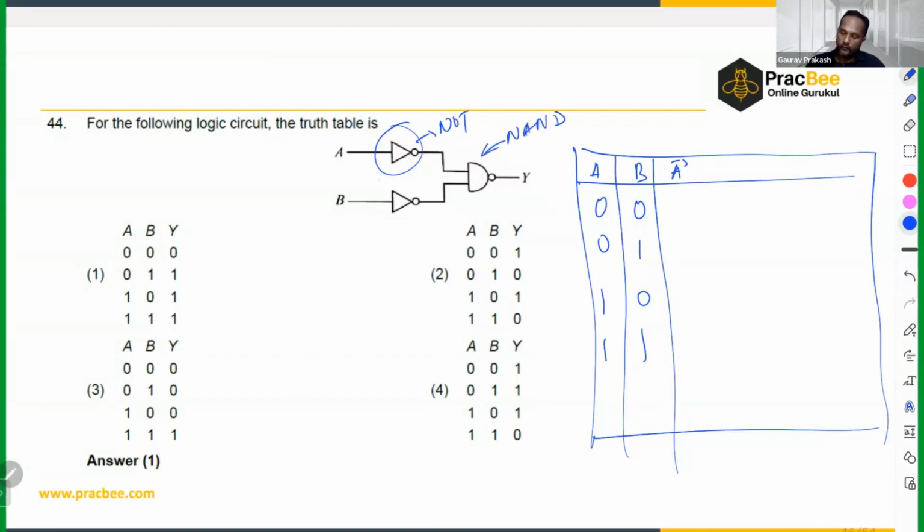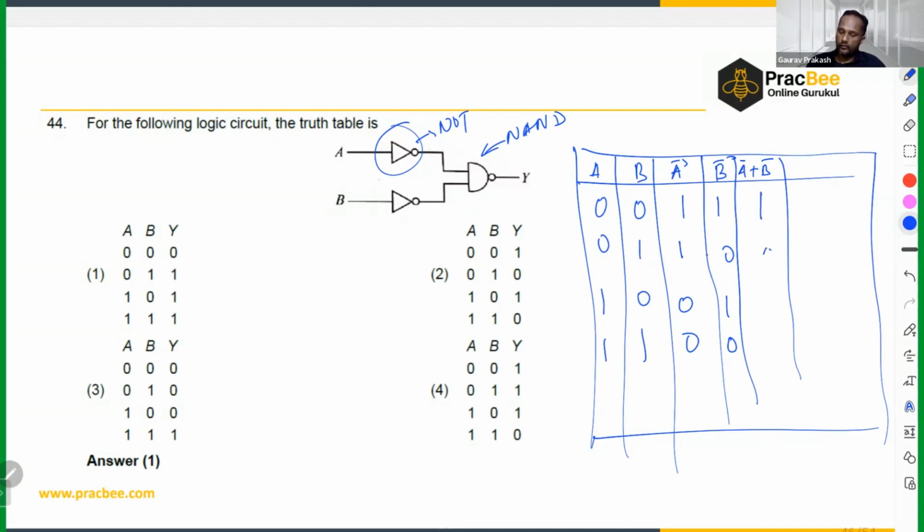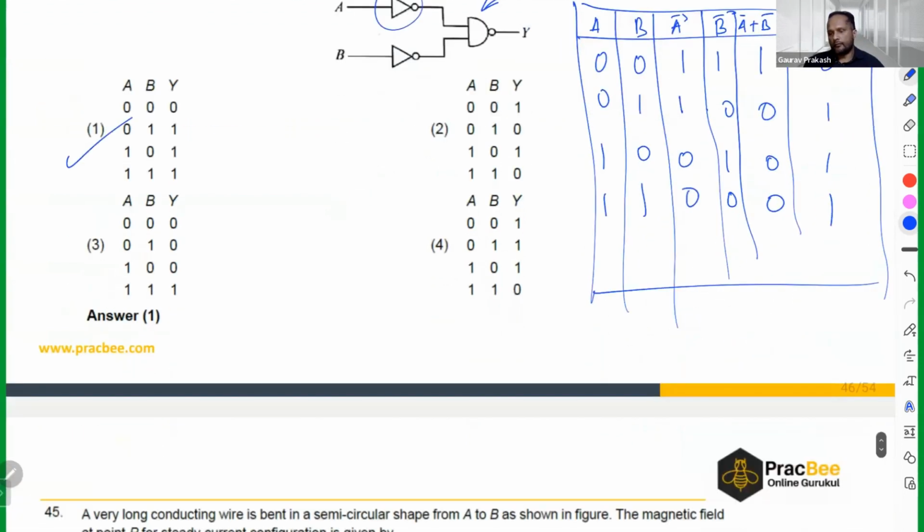So A naught will become 1, 1, 0, 0 because it reverses, and B naught will become 1, 0, 1, 0. And the addition of this A naught and B naught is 1, 1, 1, 0, and then we take the NOT of this addition. So basically 0, 1, 1, 1. So I look at it, and the first option is the correct one.